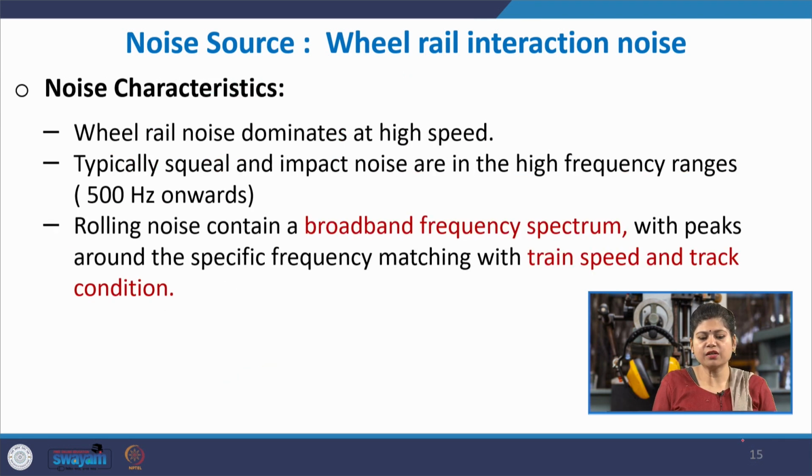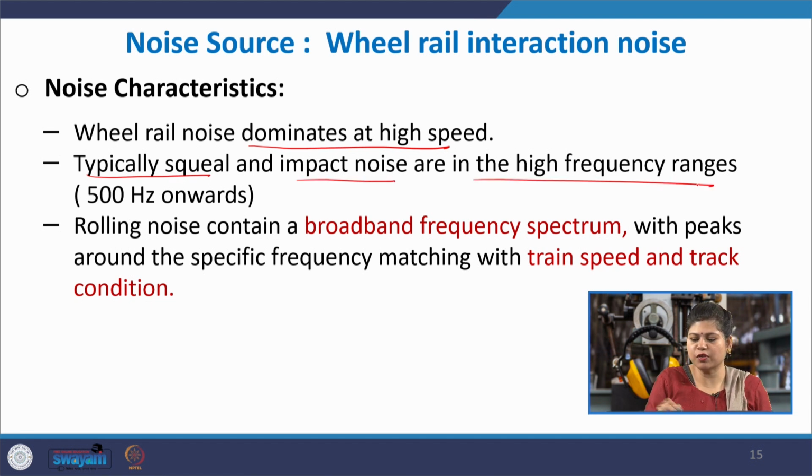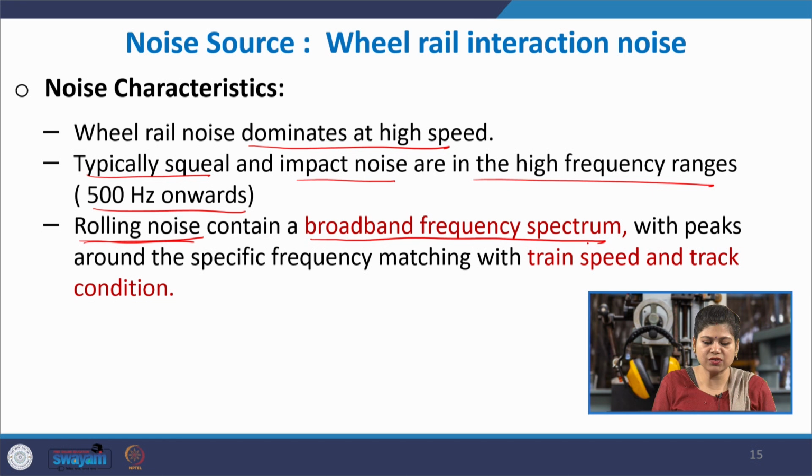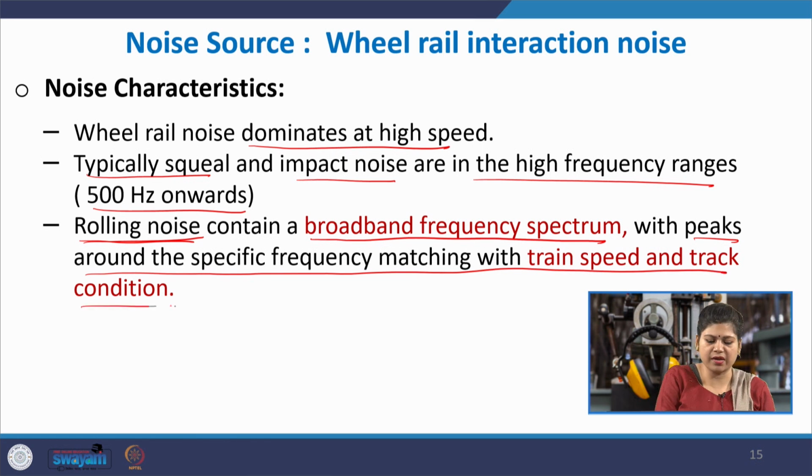The wheel rail noise, as already told, dominates at high speed conditions. Typically the squeal and the impact noise are in the high frequency ranges, 500 Hz onwards, but the rolling noise, which is continuously generated due to the wheel rail interaction, is more of a broadband frequency spectrum. It has small peaks around specific frequencies matching the train speed and the track condition.